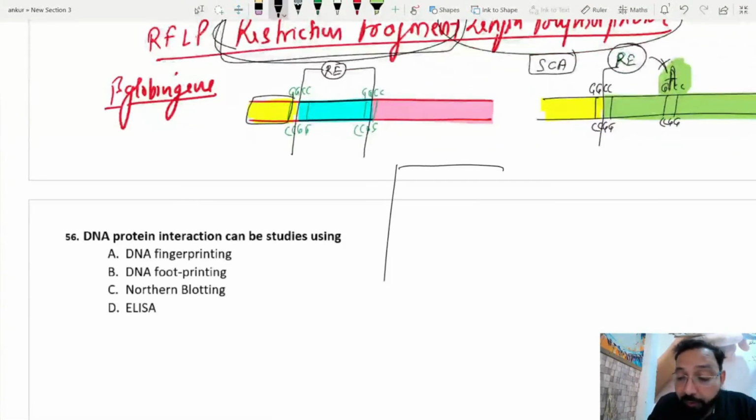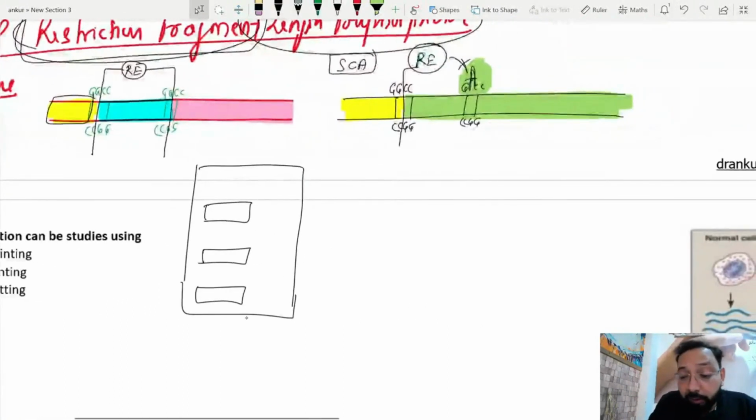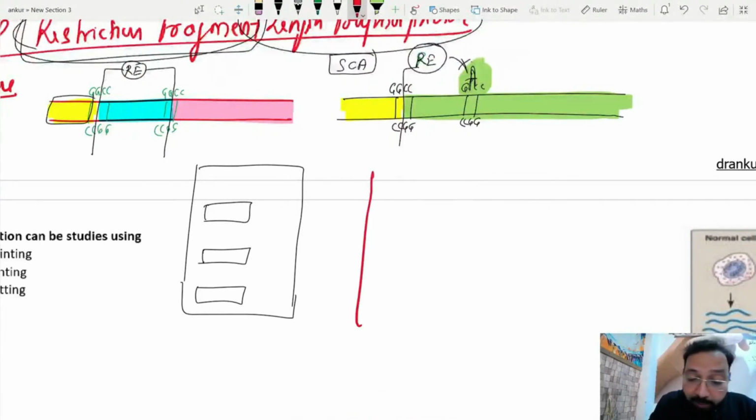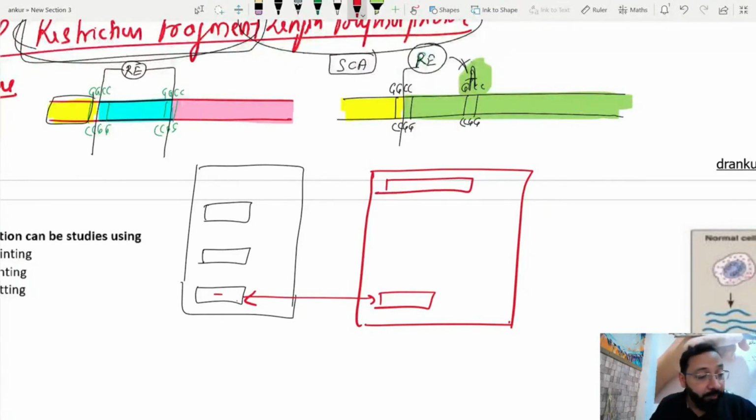If you do electrophoresis, these fragments will move according to their size. Three bands will be formed. In sickle cell anemia, there are two fragments on electrophoresis. One fragment will be at the same site, and the other fragment at a different site.